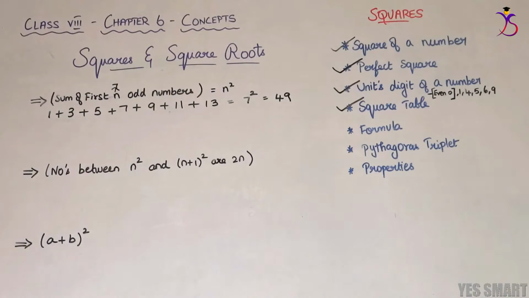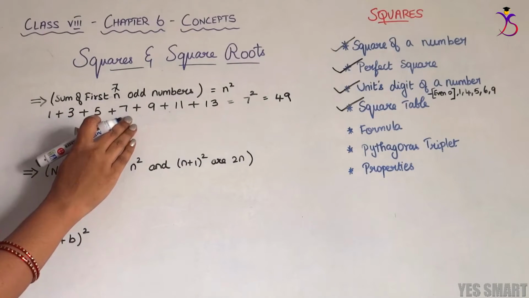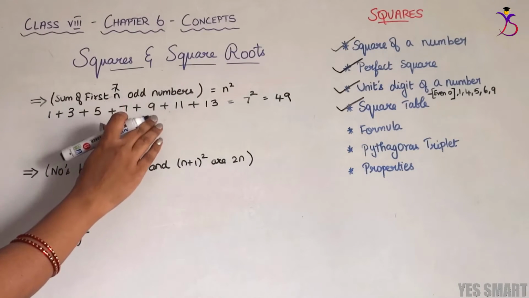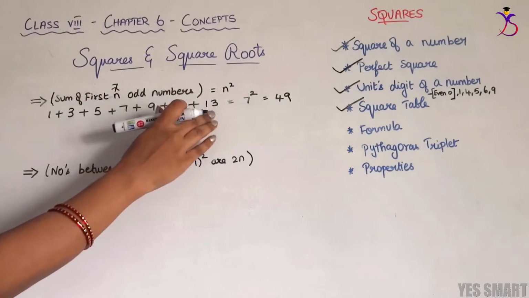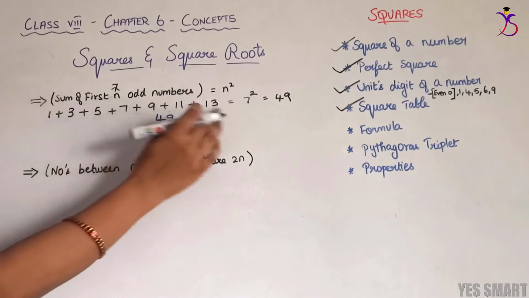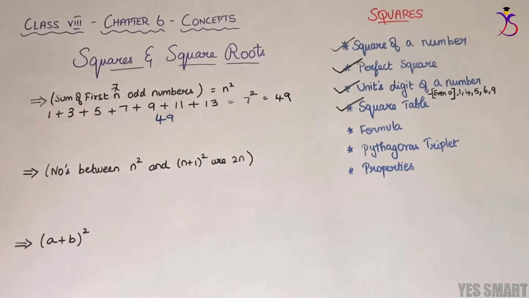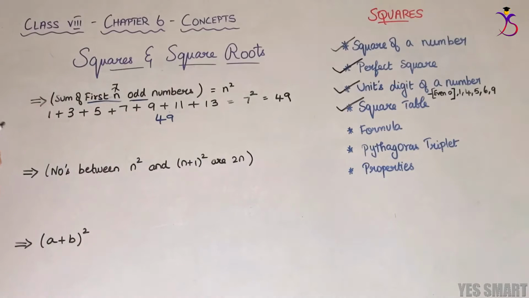So let's try. 1 plus 3 is 4, 4 plus 5 is 9, 9 plus 7 is 16, 16 plus 9 plus 11 is 36. 36 plus 13 is 49. So the same answer. In short, we can just write 7 square and write the final answer as 49.